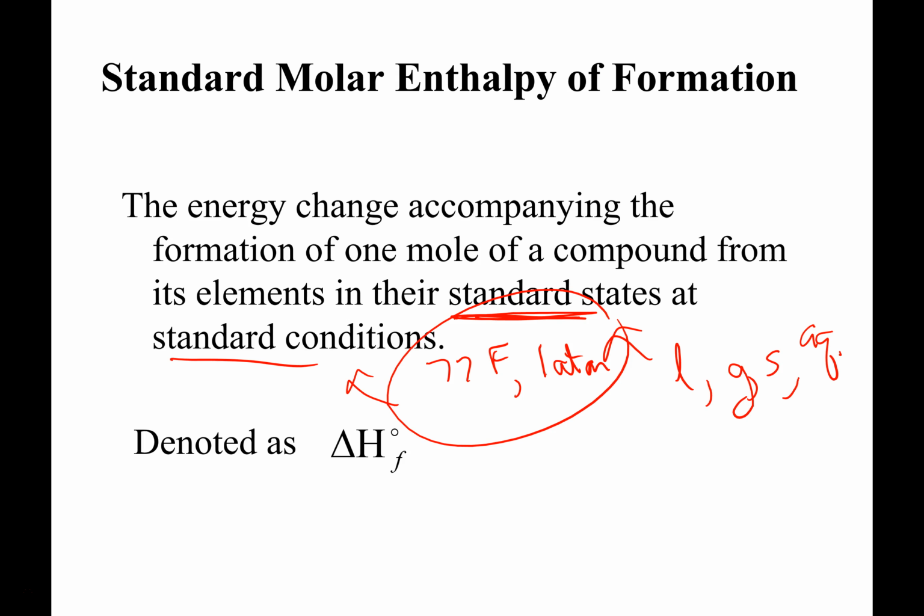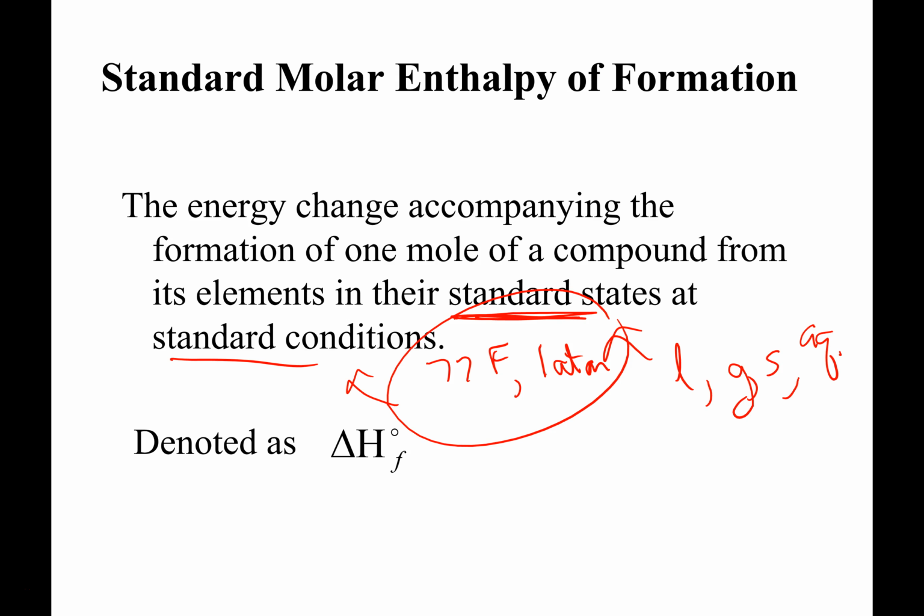So, you saw me a minute ago putting the elements together to form a compound. If that is the formation of 1 mole of compound from elements that are in their standard state, then the heat of that reaction, the delta H RXN, is really a heat of formation, delta H sub F. It's a special heat of reaction.